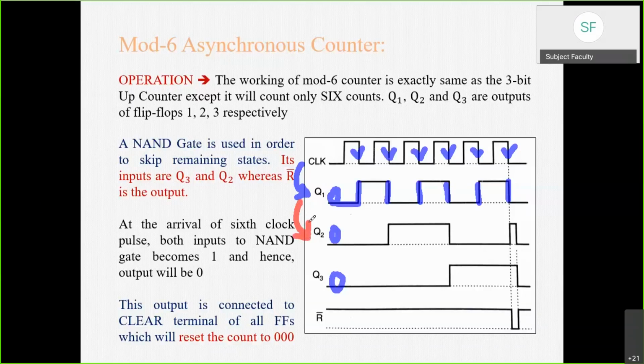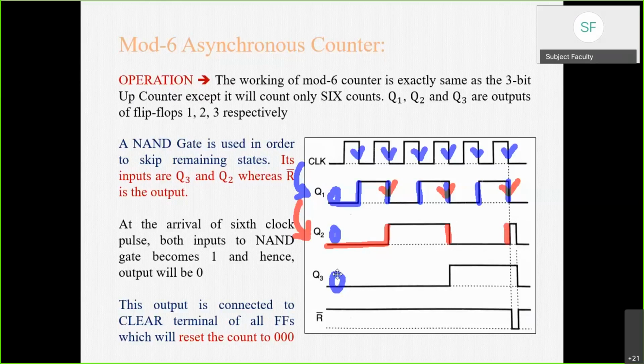So again, you have to mark the negative edges of Q1, because the changes will be happening only along these negative edges. Initially, the value of Q2 we assumed as 0. It will remain as it is till the appearance of the negative edge. At the negative edge, it will change its value either from 0 to 1 or 1 to 0.